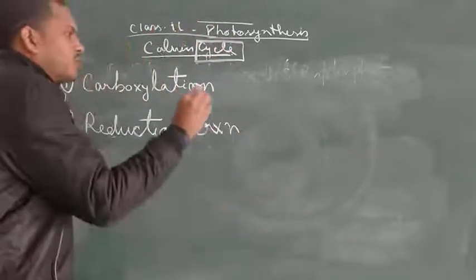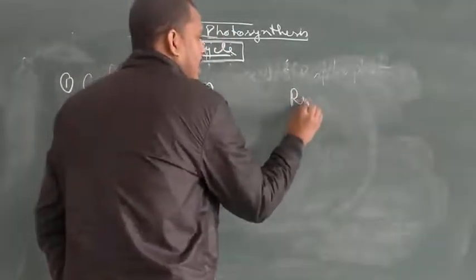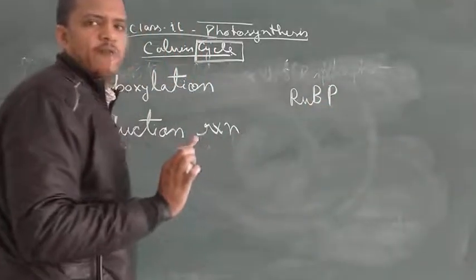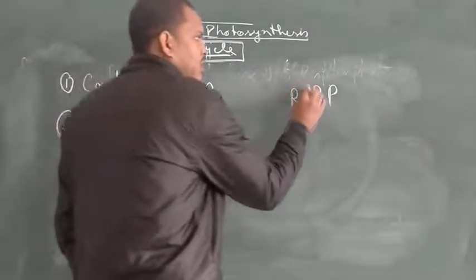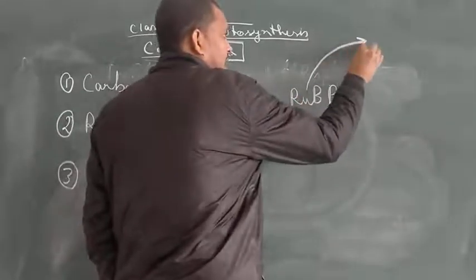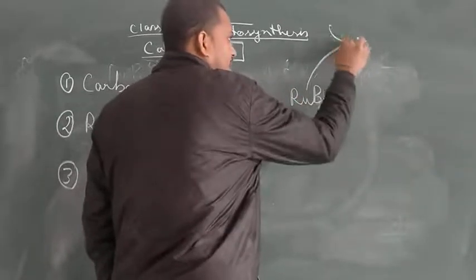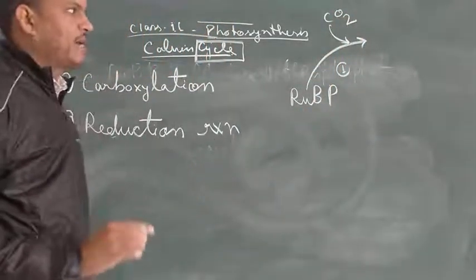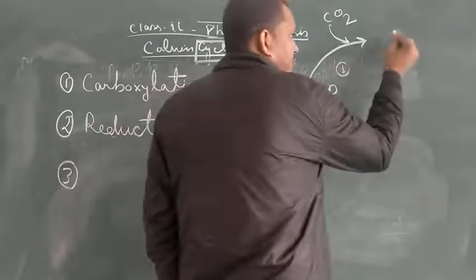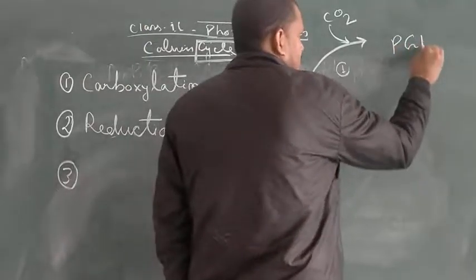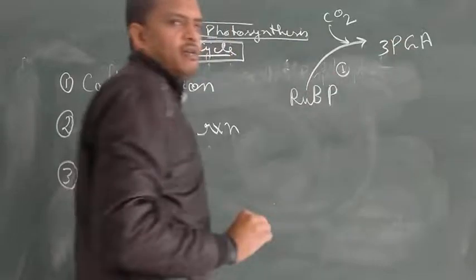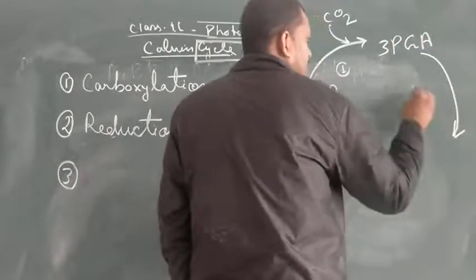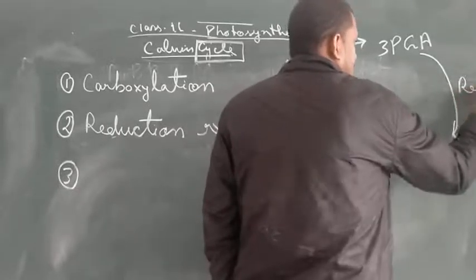It started from RUBP, ribulose 1,5 bisphosphate, which initially acts as the carbon dioxide acceptor. Correct? As a result, the first product is 3-PGA, phosphoglyceric acid. This PGA undergoes the process of reduction.